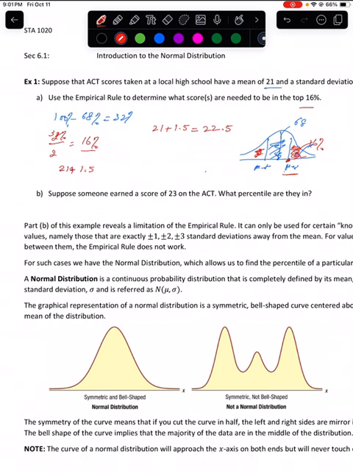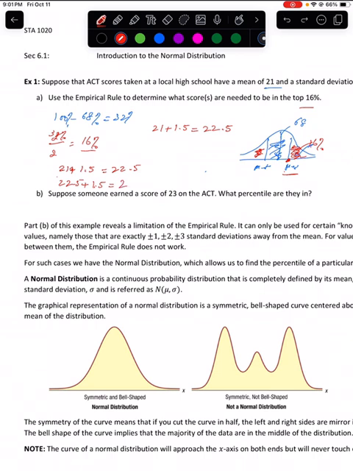When I add 1.5 to 21, we get 22.5. Then to 22.5 I add 1.5 and I get 24. So I didn't get 23.